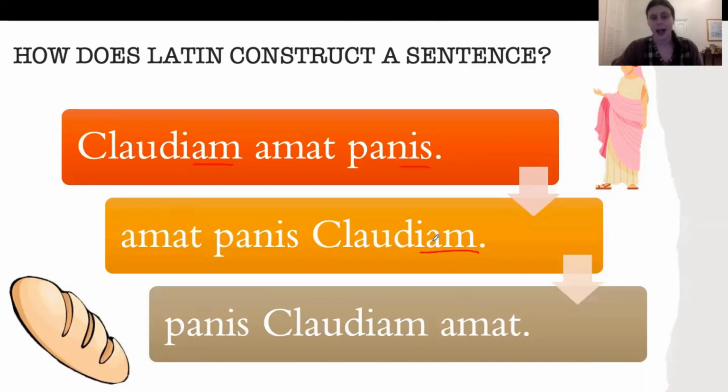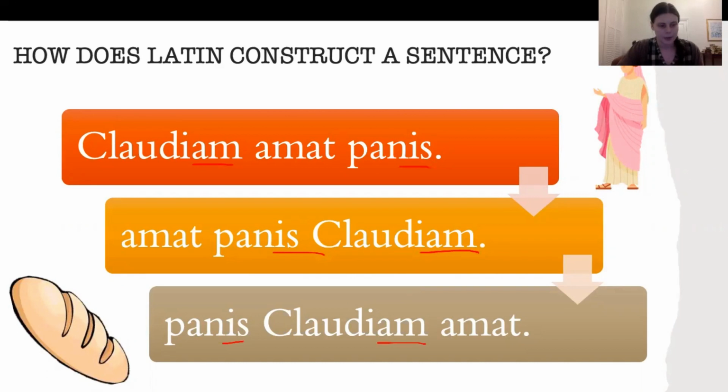It's no longer Claudia, it's Claudiam, and it's no longer panem, it's panis, right? So the endings of the words have changed, and that allows us to translate the sentence in a different way, right? It allows the nouns to have a different function within the sentence.